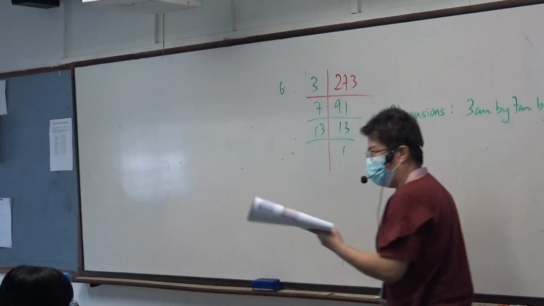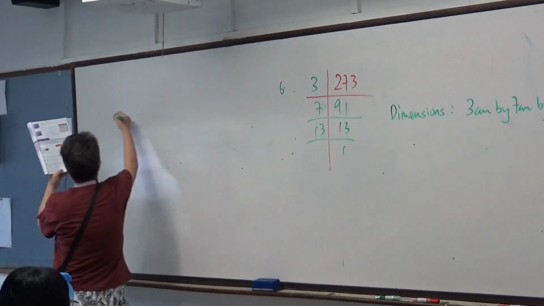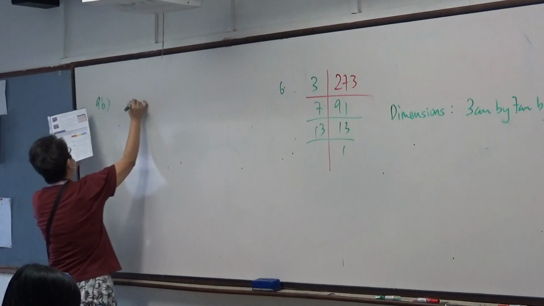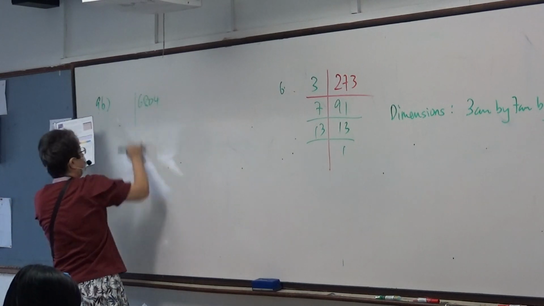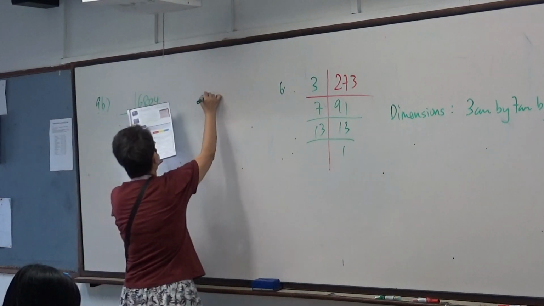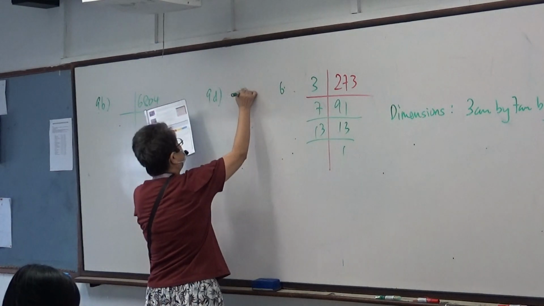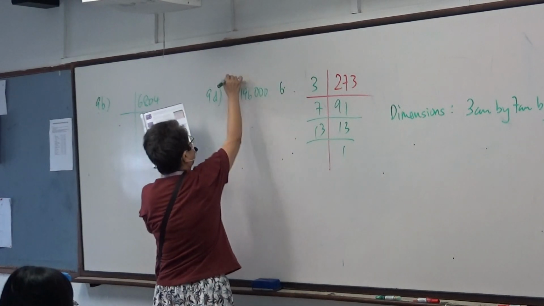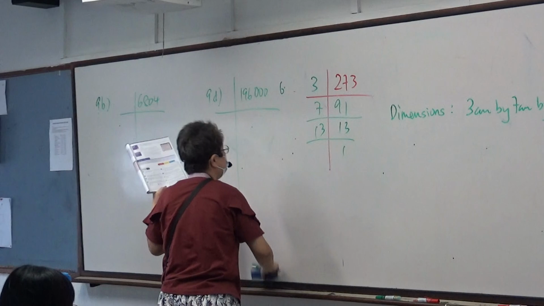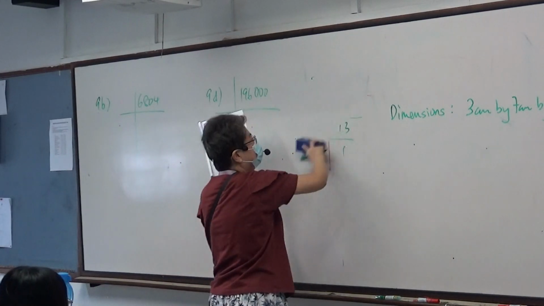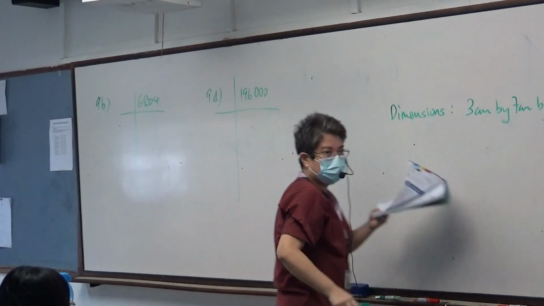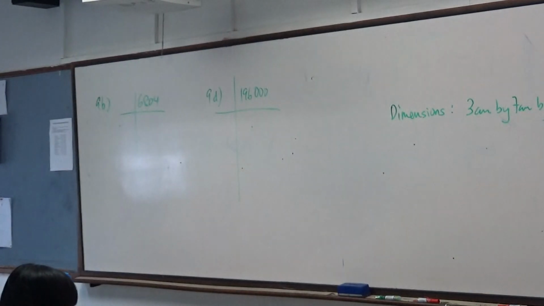I want to do 90 and 90. You do it for me. I give you 5 minutes and you tell me the prime factorization in index notation.